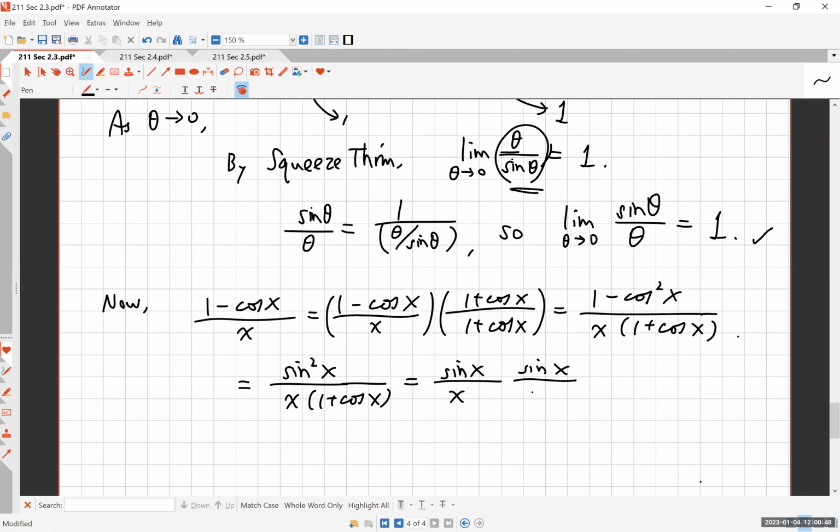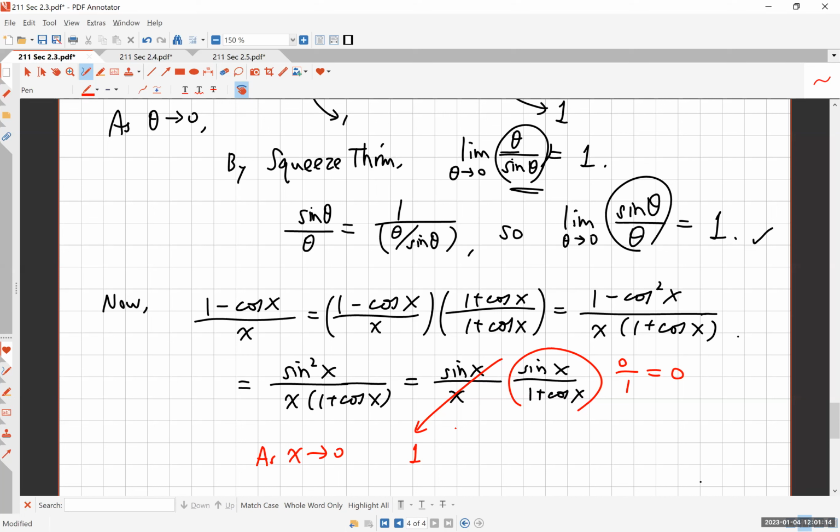Sine x over x, we know something about because we just saw that right here, so this approaches 1 when you take the limit as x approaches 0. And what is this other part? This is 0 over 1, which is 0.